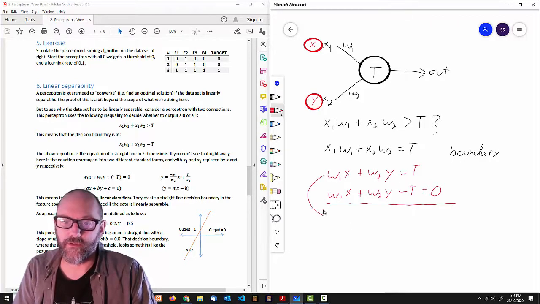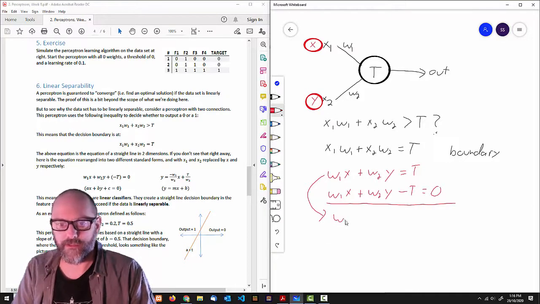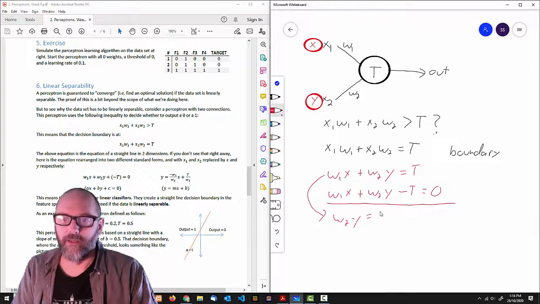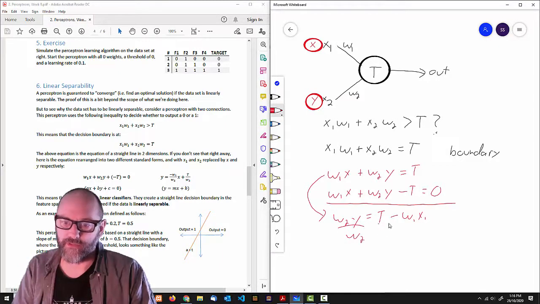So you can also take the first term to the other side. You get w2y equals t minus w1x. Divide both sides by w2 and rearrange a little bit, and you get y equals negative w1 over w2 times x plus t over w2. That shouldn't be x1.